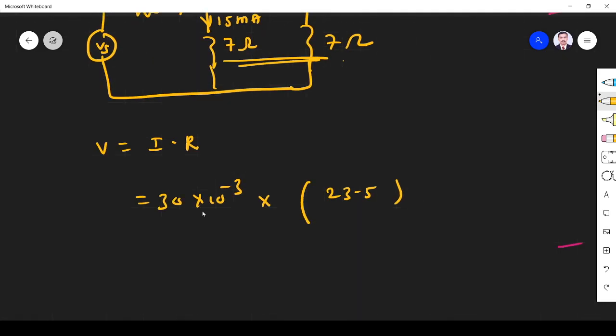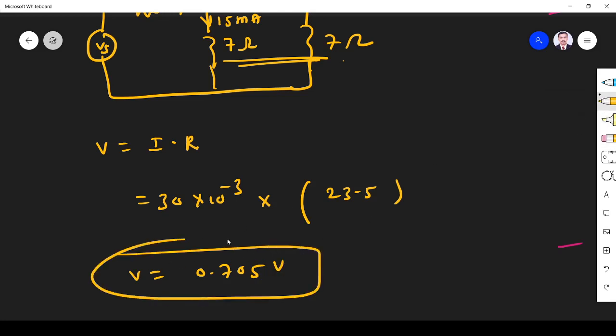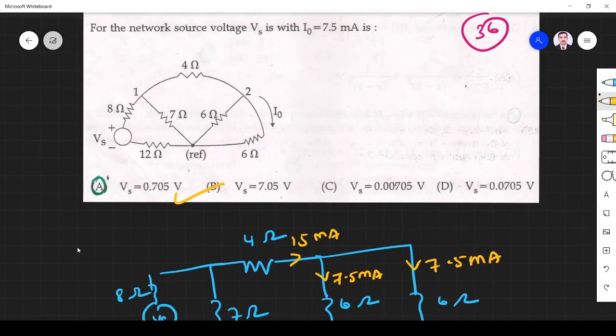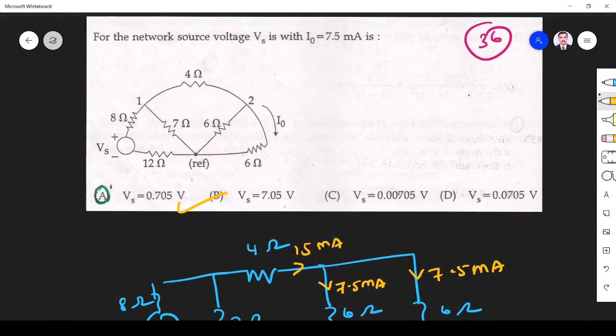If you simplify, 30 milliamps into 23.5 is 0.705 volt. V is 0.705 volt. So the answer must be option A, 0.705 volt.